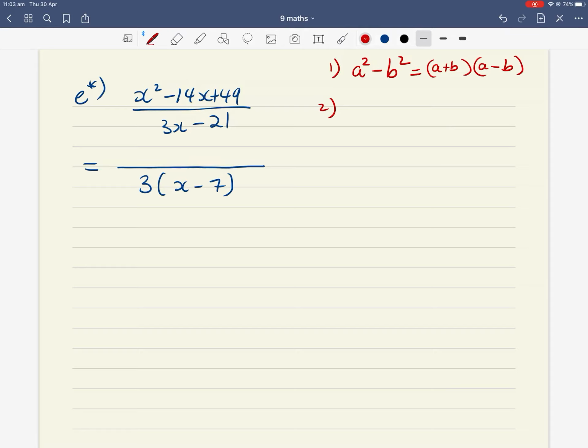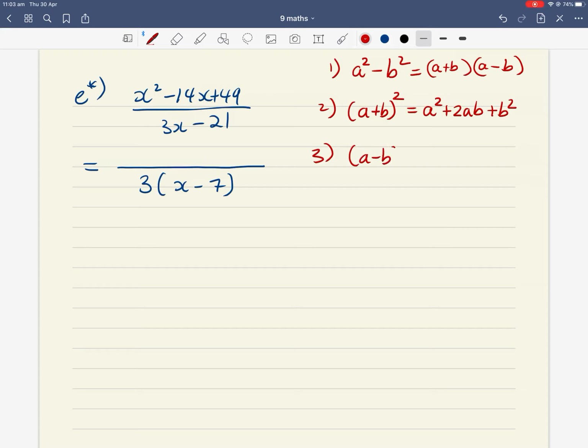Pattern 2: if you have first plus second all squared, then you end up with first thing squared plus 2 lots of first times second plus the second thing squared, b squared.